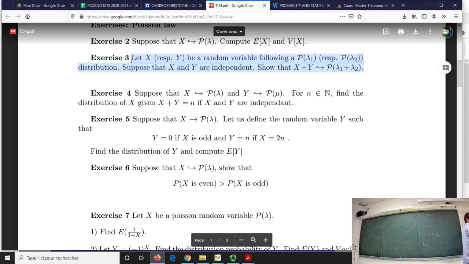Here, I just need to know my course: the moment generating function of the sum of independent variables is the product of the moment generating functions, I know the moment generating function of a Poisson, and this function characterizes perfectly the distribution of a random variable.